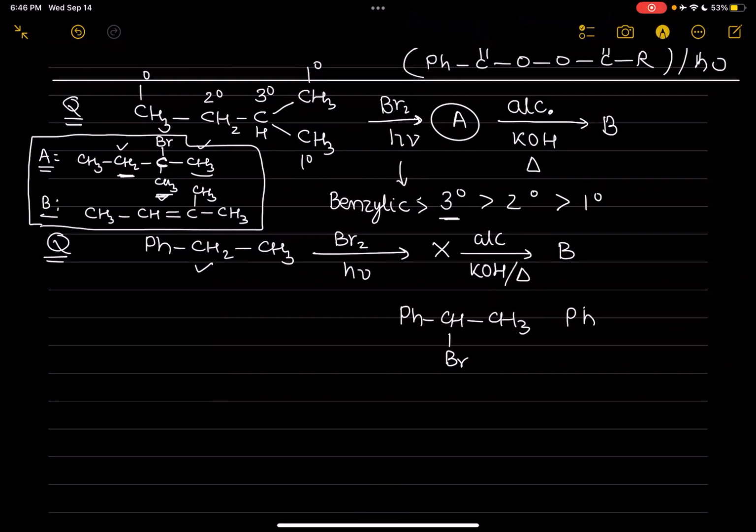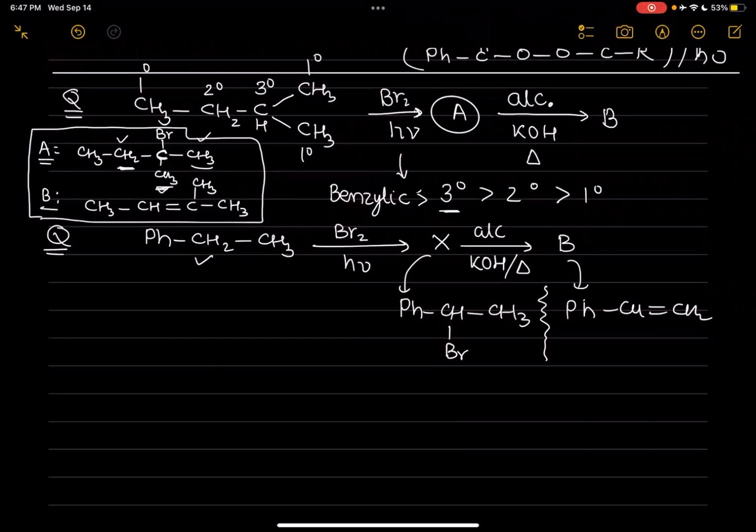So this is the structure. Is it clear? Yes, sir. Okay, let's move on to the next topic, and the next topic is identification.